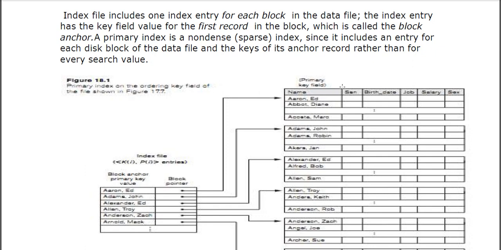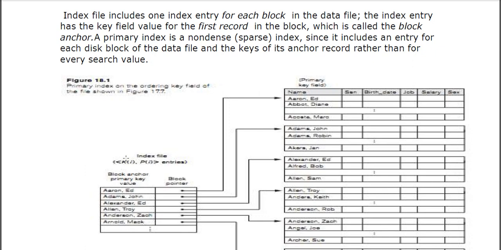Actually name should not be the primary key, because two employees can have the same name. But assume that name is a primary key here, and based on the name the records are ordered, and all these records are placed on disk blocks.